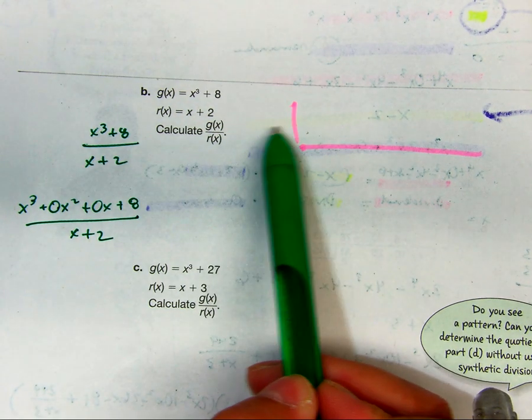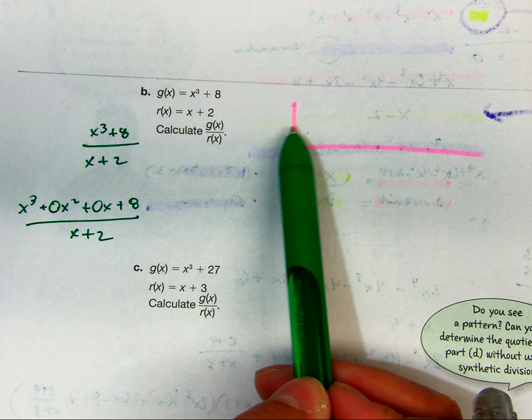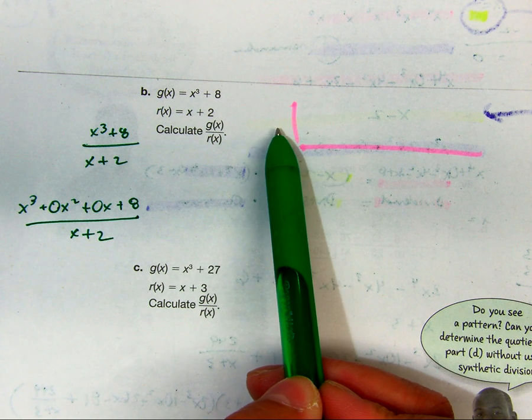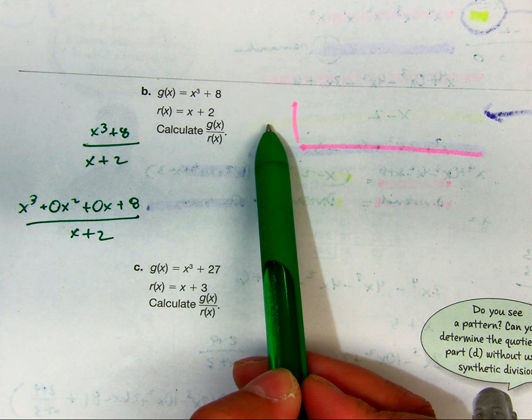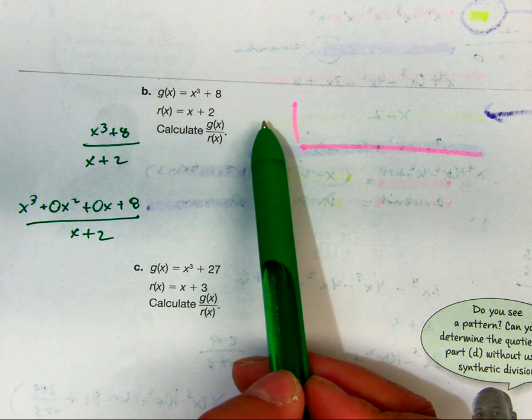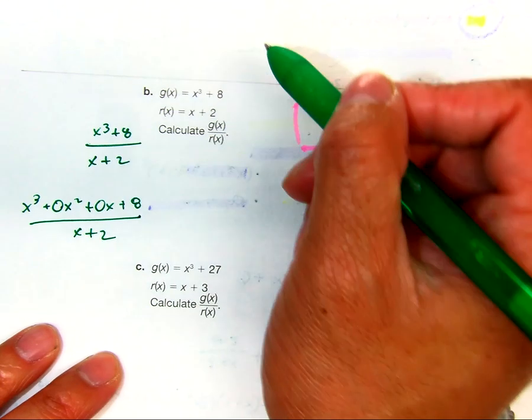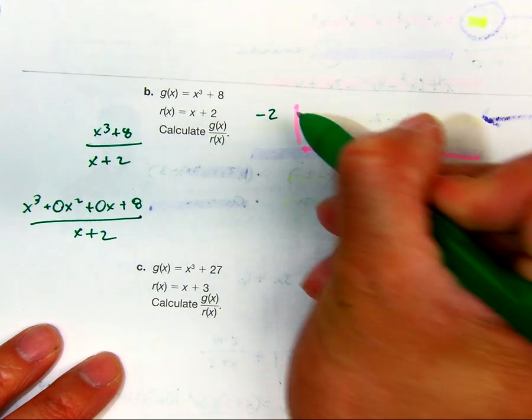Isaiah, what am I going to write here? You said what? So x, yeah, x equals negative 2.